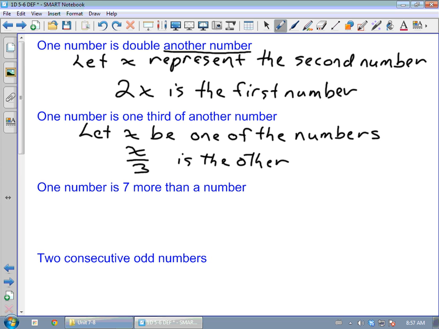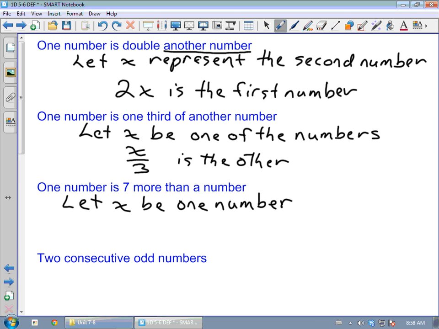Okay? One number is 7 more than another number. Let x be one number. So x is one number. This one number is 7 more than another number. So what kind of expression can we have for the second number?